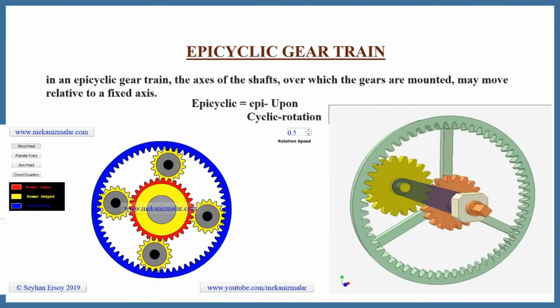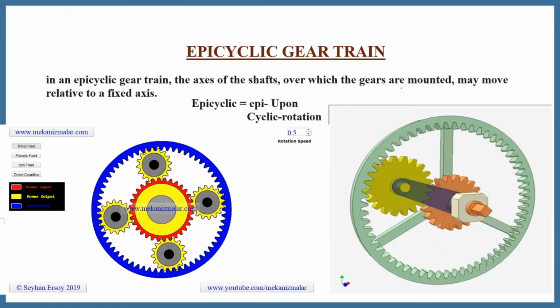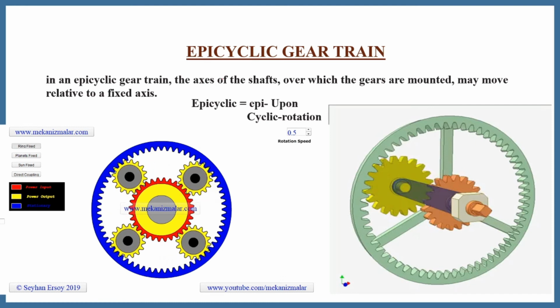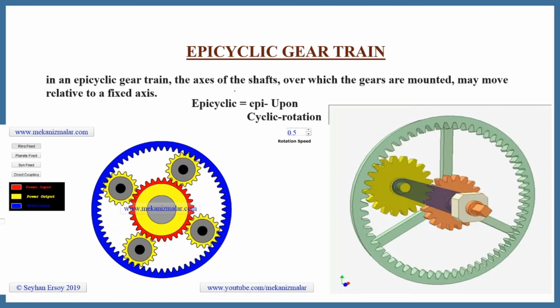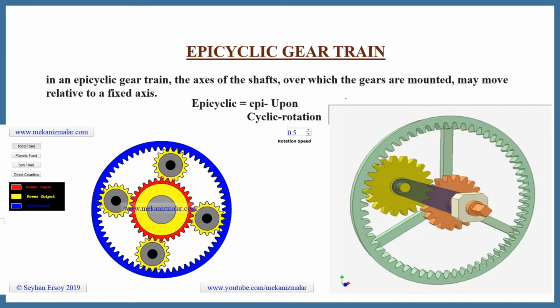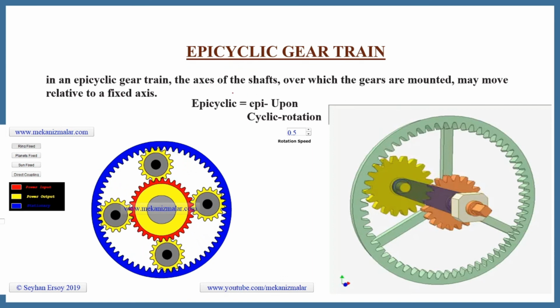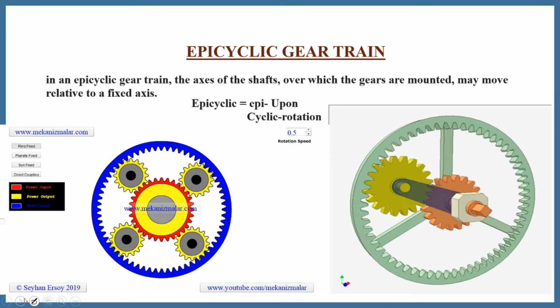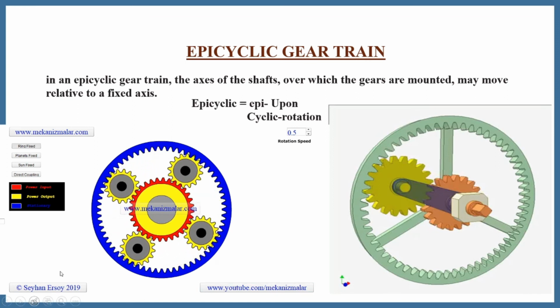Now we are going to study the last type of gear train, which is the epicyclic gear train. In an epicyclic gear train, the axis of the shaft over which the gears are mounted may move relative to the fixed axis. That means, I would like to show you one simulation.